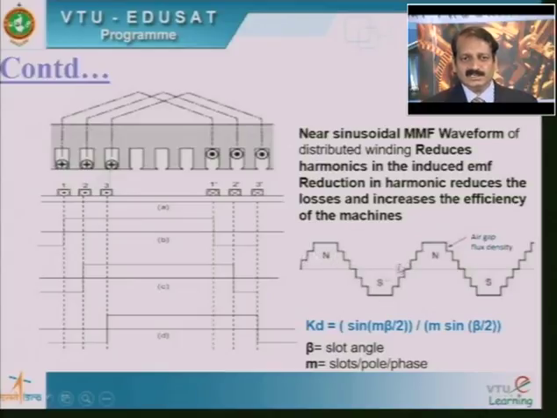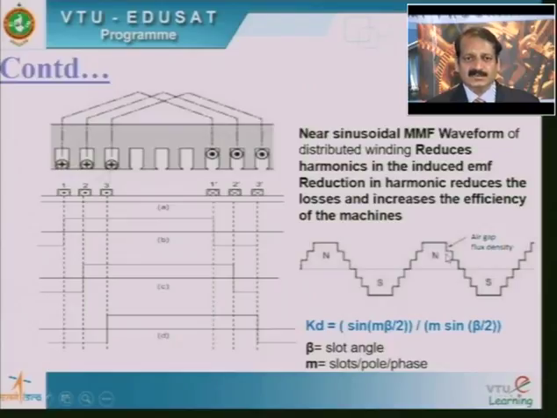You can notice this stepped waveform shown here, this is the resultant MMF because of the distribution of coils, and the waveform approaches more or less sinusoidal.